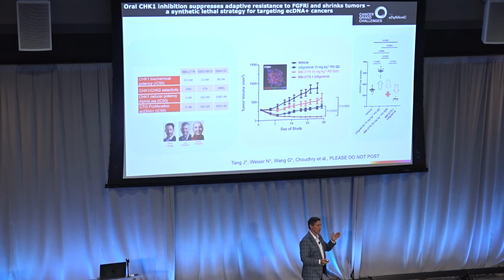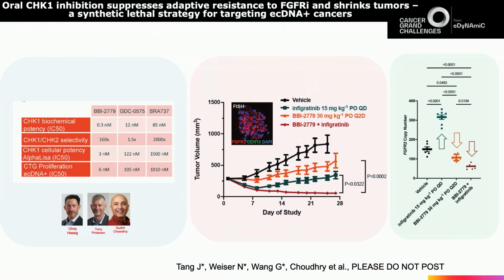This is in a model in which we actually tested, it's got an FGF receptor amplification. And using infigratinib or the oral CHEK1 inhibitor or both, you can see the results: you use the FGF receptor inhibitor, you get a partial response that fades pretty quickly. You use the CHEK1 alone, you get some response, but you put them together and you have a dramatic response.